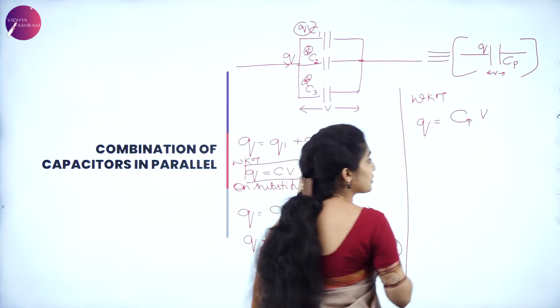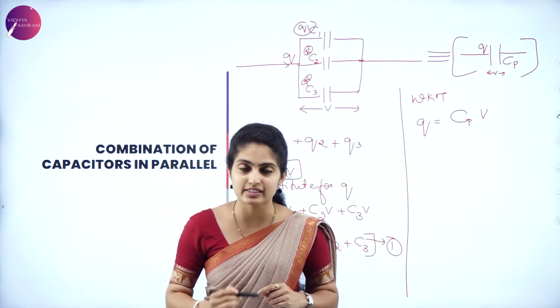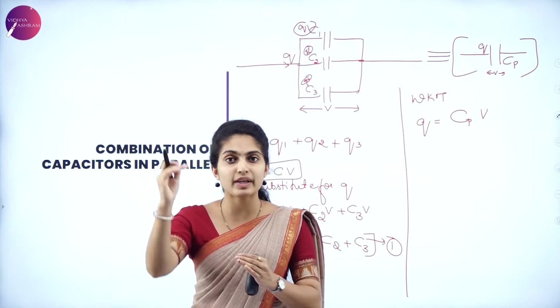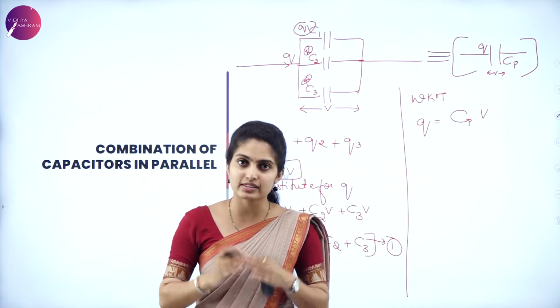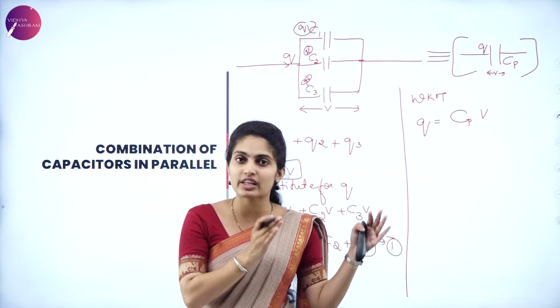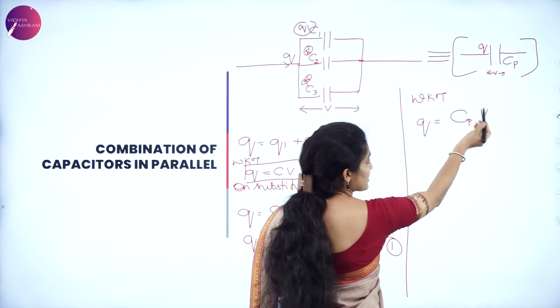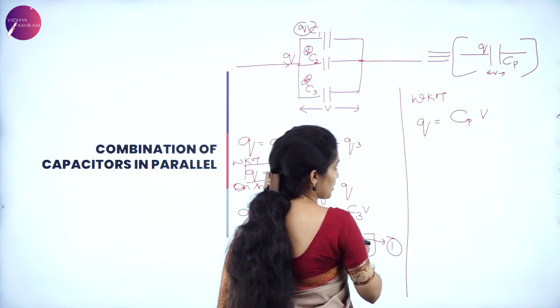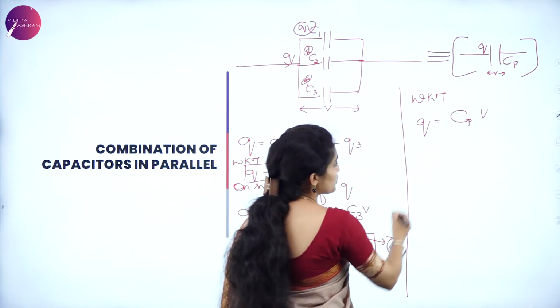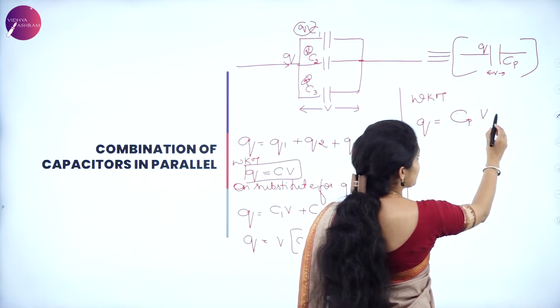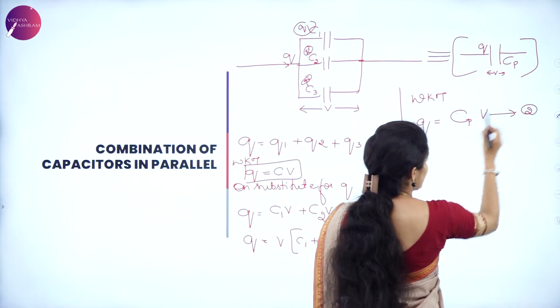That is Cp, because it's an equivalent capacitance, which we have replaced from the parallel capacitors into a single equivalent capacitance. So it is Cp, the parallel combination of capacitors, and the potential V. So Q is equal to Cp into V. Call this equation 2.